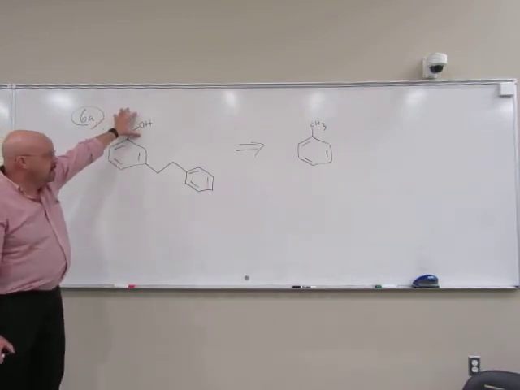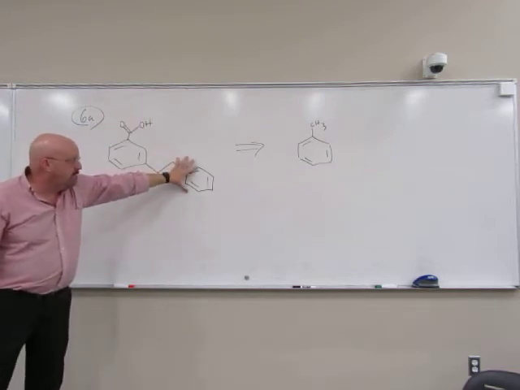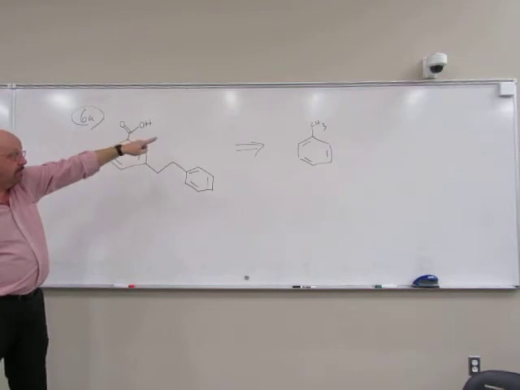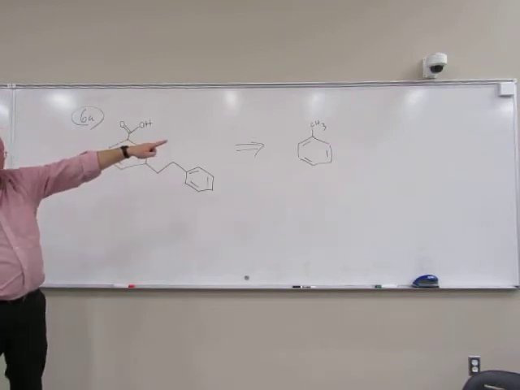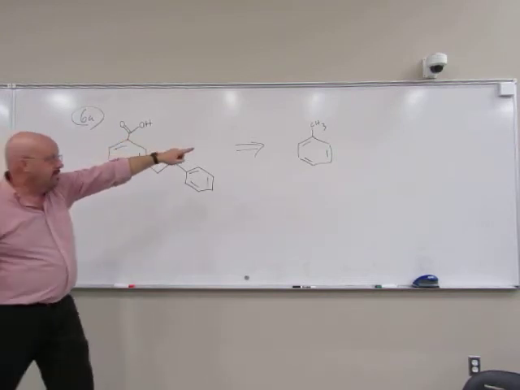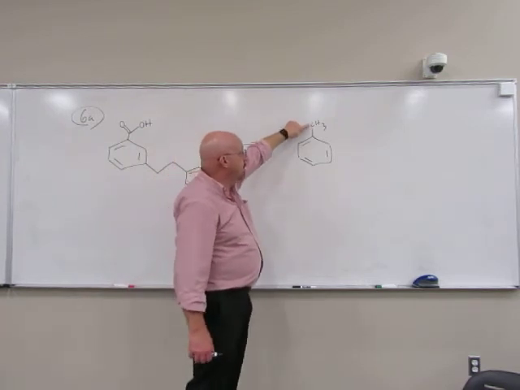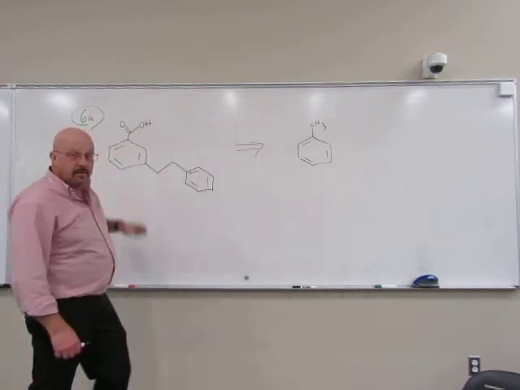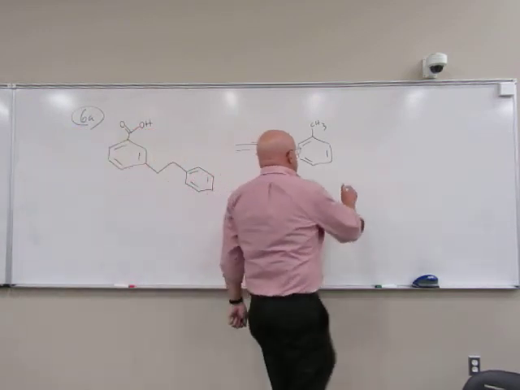We've got a carboxylic acid group. We've got all of this that's been added on. We know how to get the carboxylic acid group from that methyl. That's a benzylic carbon. We can oxidize any benzylic carbon to a carboxylic acid using hot potassium permanganate.